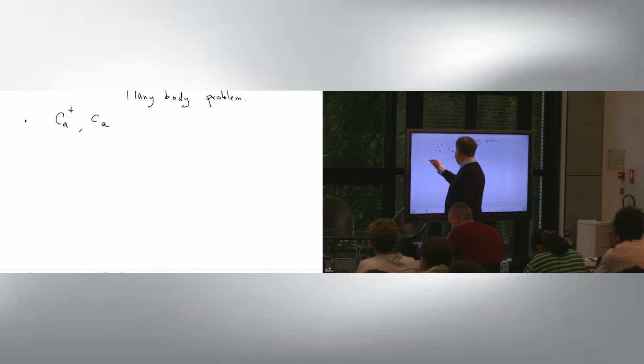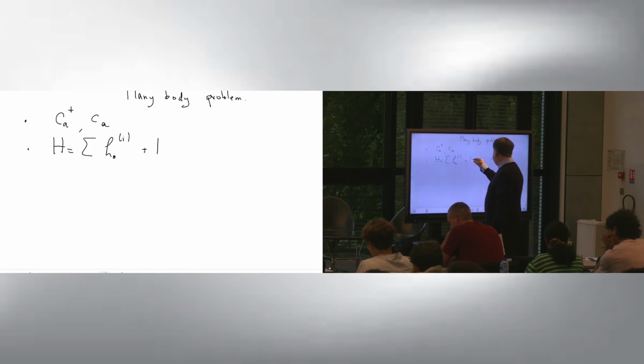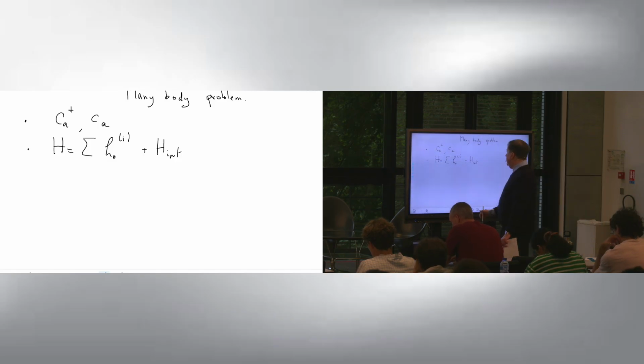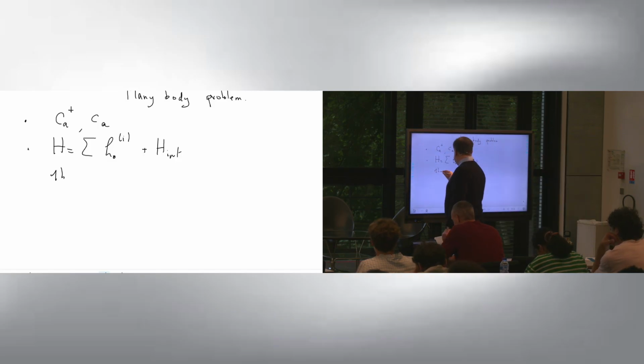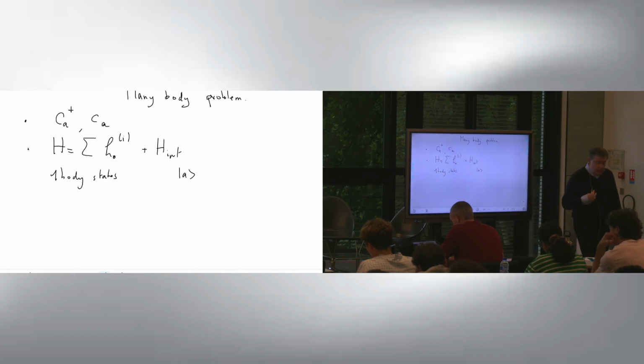We know that if we have a Hamiltonian, which in general is written in first quantized form as a part H0 for each particle plus an interaction part, for example the Coulomb interaction, we have two categories of states. We have the one-body states, which I'll denote |α>, which are, for example, eigenstates of the one-body part of the Hamiltonian.